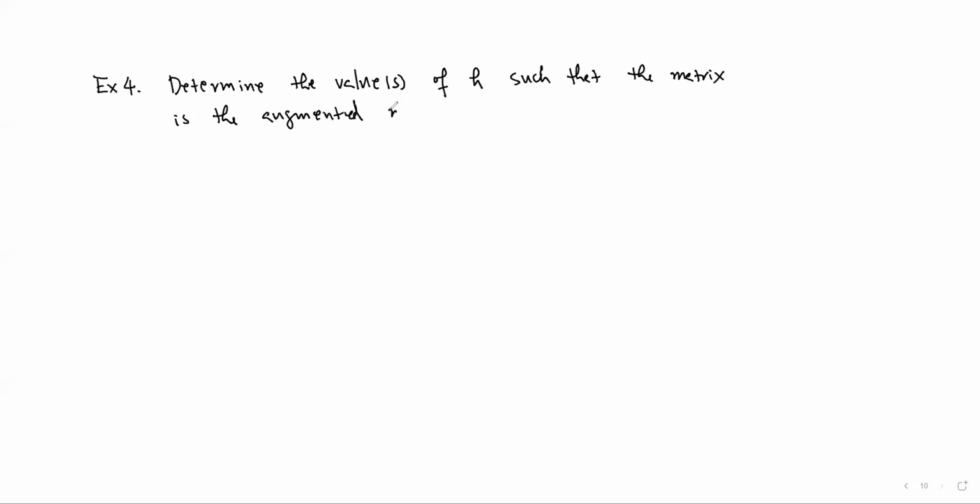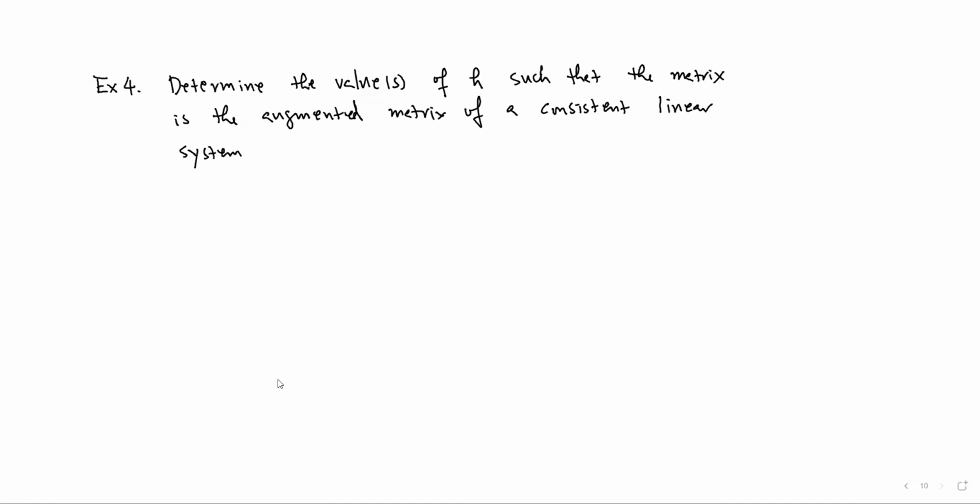Determine the values, maybe more than one value of h, such that the following matrix is the augmented matrix of a consistent linear system.